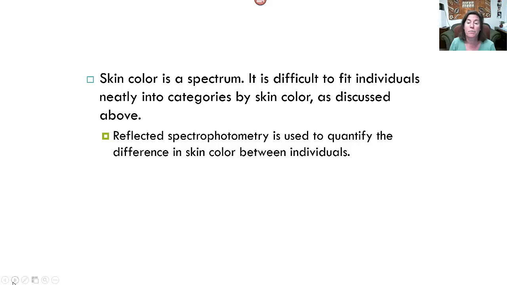Skin color is a spectrum. It's often difficult to fit individuals neatly into categories by skin color. Reflected spectrophotometry is used to quantify differences in skin color between individuals.